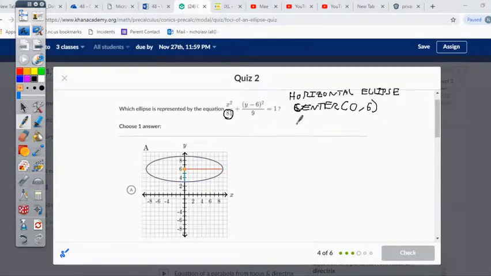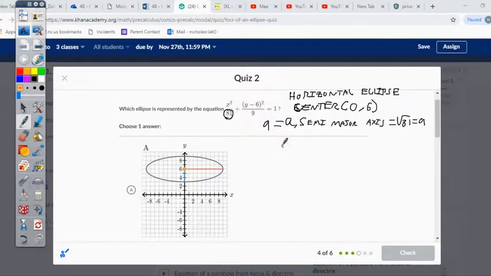Our a term, the semi-major axis, is going to be equal to the square root of 81, which is equal to 9. So a equals 9.